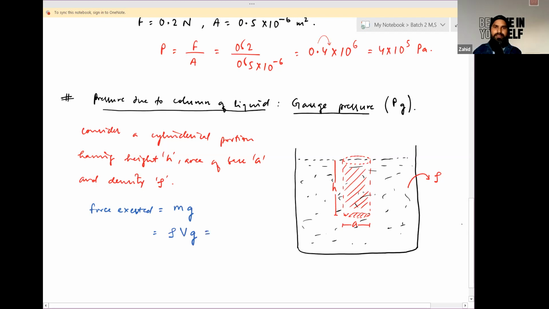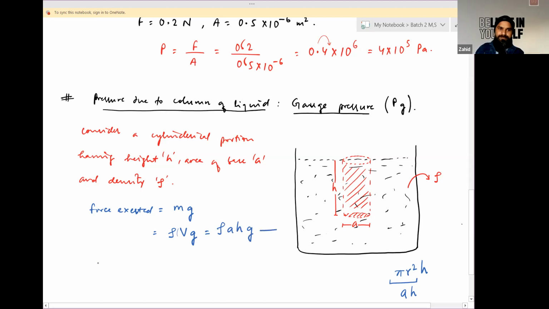Volume of this cylinder equals area of base into height. You must have learned the volume of a cylinder as pi r square h. Here pi r square is the area of base and h is its vertical height. So you may use area of base into vertical height as the volume of that geometrical figure. So force equals density into area into vertical height into gravity.